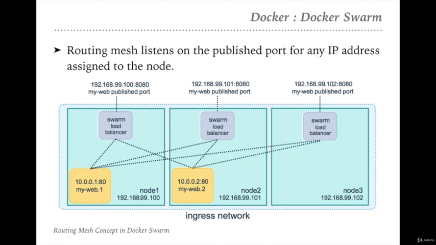Why are we calling it a load balancer? Because it is balancing the load. Somehow if node 1 is not able to process your traffic, then it will calculate it itself and route your traffic to node 2, right?